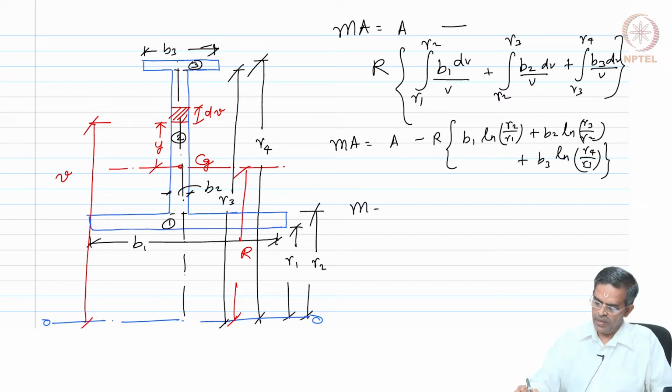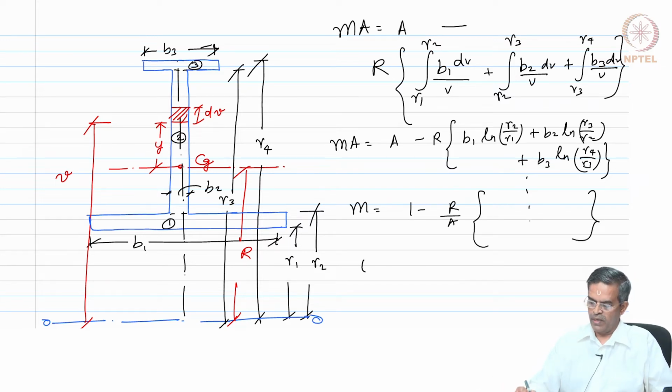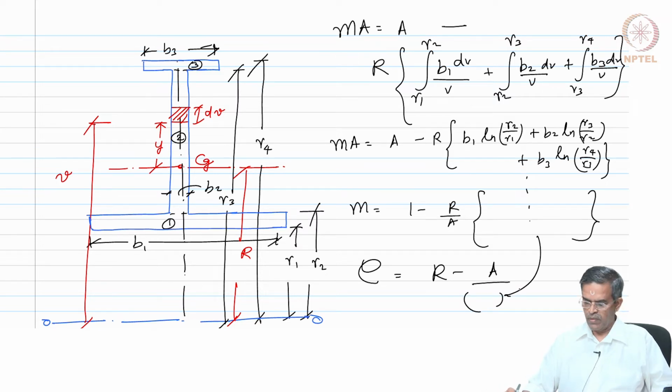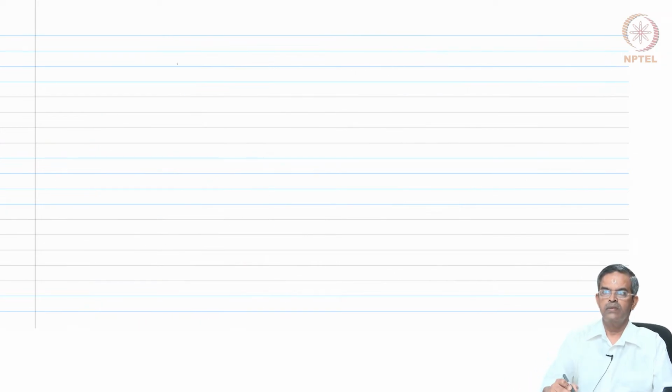So, now M will be equal to 1 minus R by A of this equation and E will be R minus A of this equation. So, you can easily calculate this.